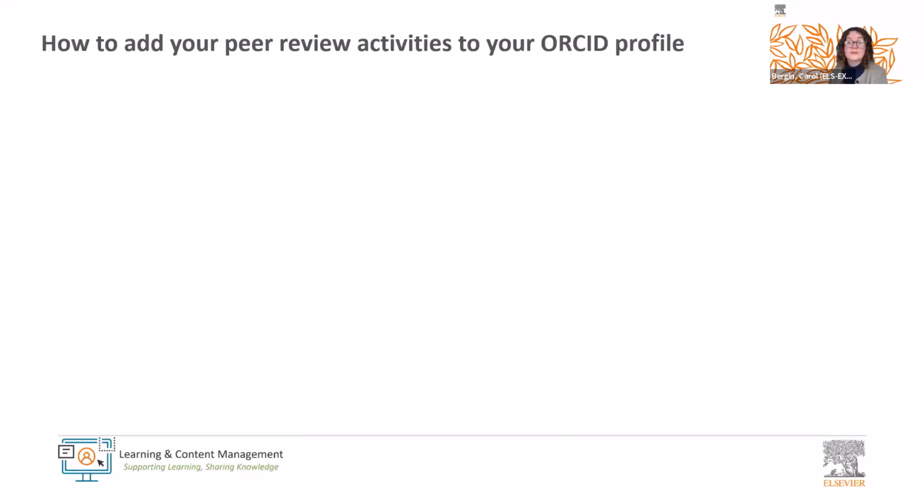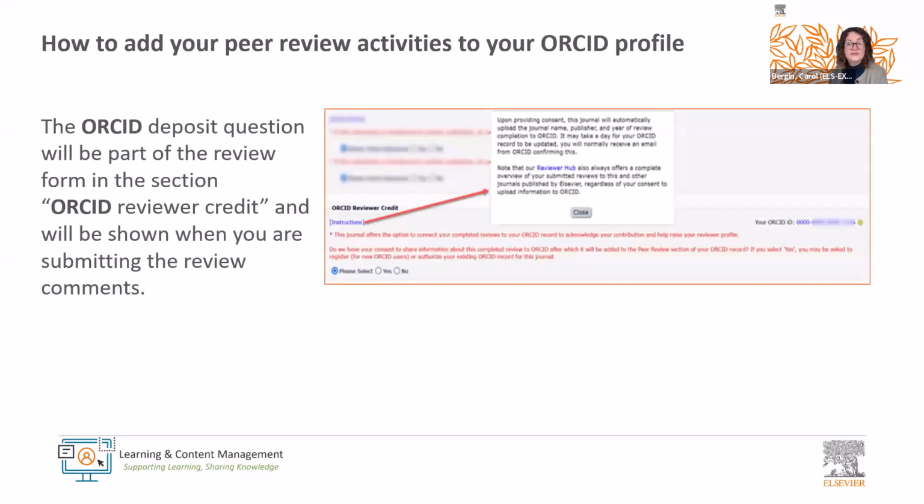So it provides a persistent digital identifier, which we call an ORCID ID, which is owned and controlled by the author themselves, and which distinguishes an author from every other researcher or author. The ORCID deposit question will be part of the reviewer form in the section which is entitled ORCID Reviewer Credit, and it will be shown when you are submitting the reviewer comments. So you can follow through and respond to that.